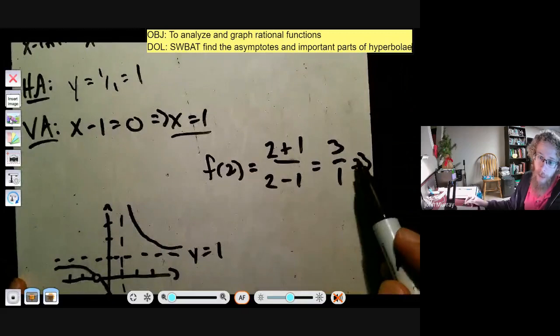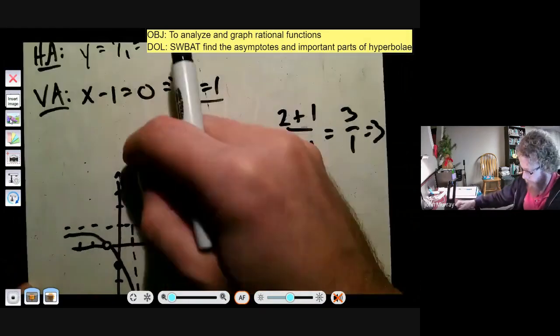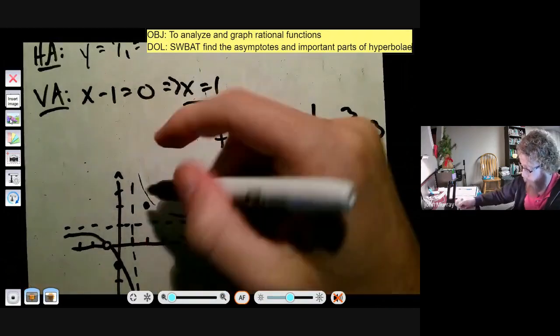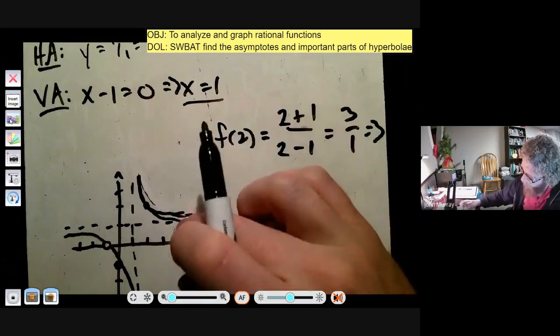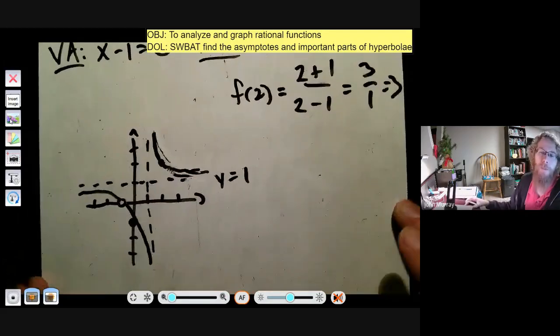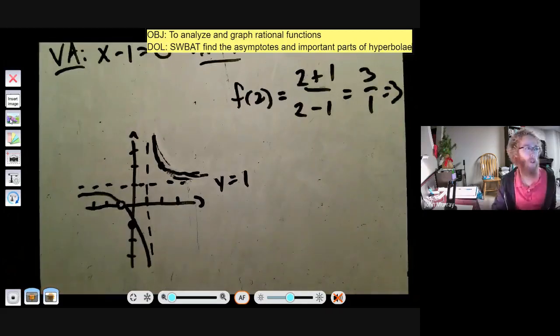So when I plug in 2, I get 3. So 2, 3. I was a little off with my curve, but I was in the right part of the quadrant, that upper right corner there. All right, so there is our sketched graph.